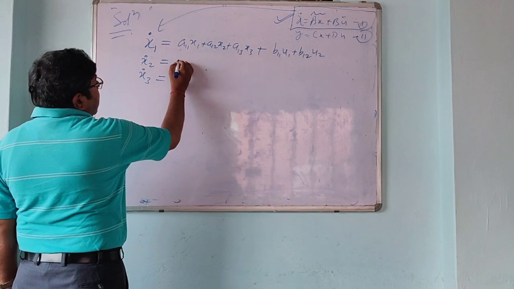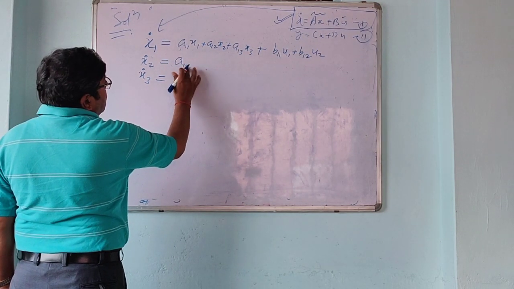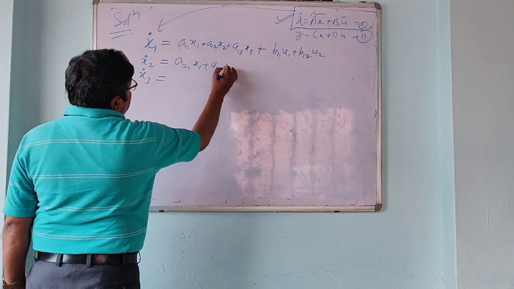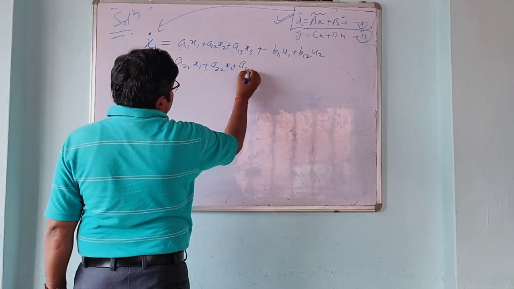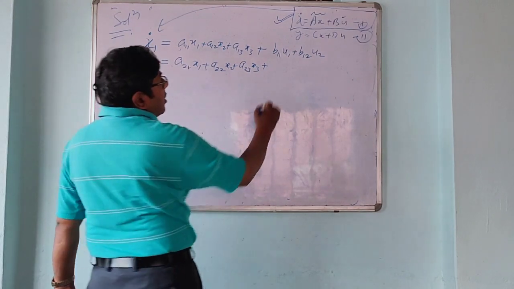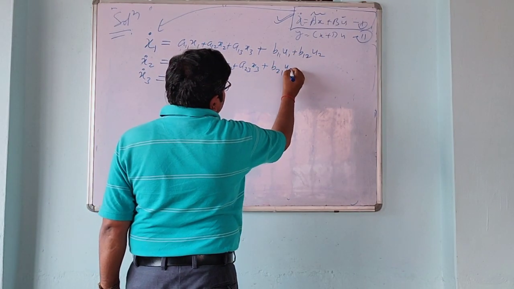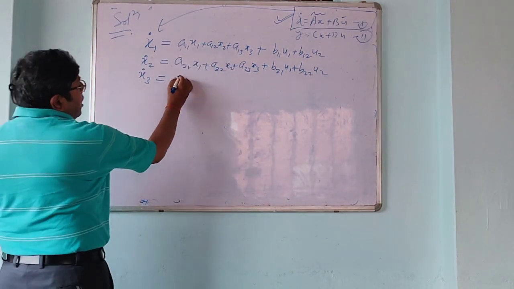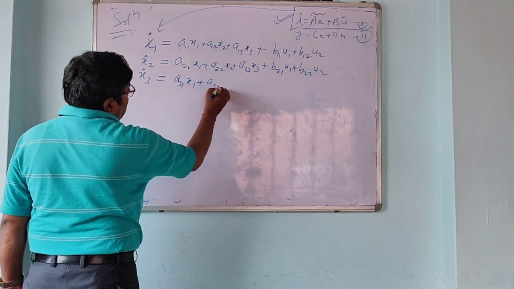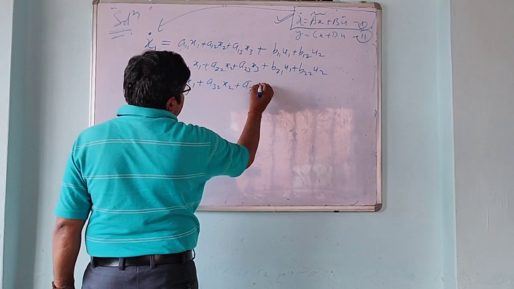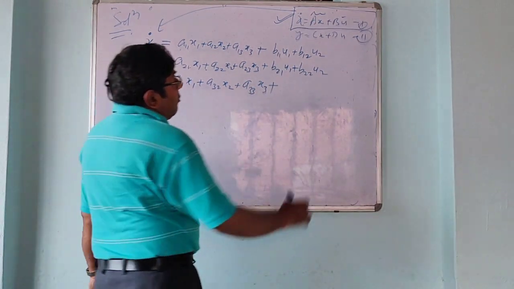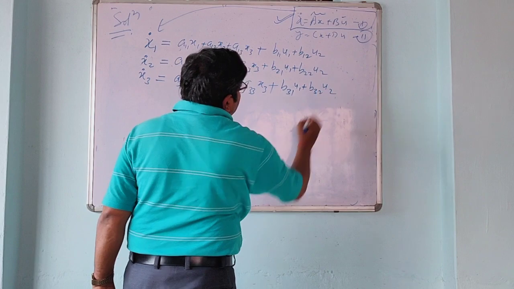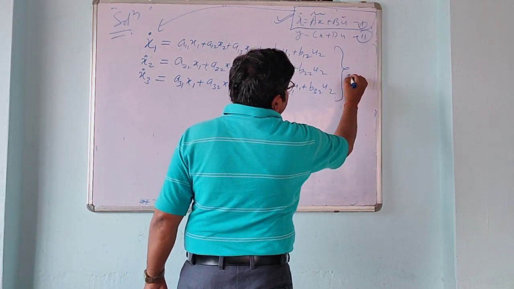Similarly, for the second we use suffix 21: a21 x1 plus a22 x2 plus a23 x3, plus for inputs b21 u1, b22 u2. And for the third equation we have a31 x1, a32 x2 plus a33 x3, and for inputs b31 u1 plus b32 u2. So this is a set of three equations, the first equation.